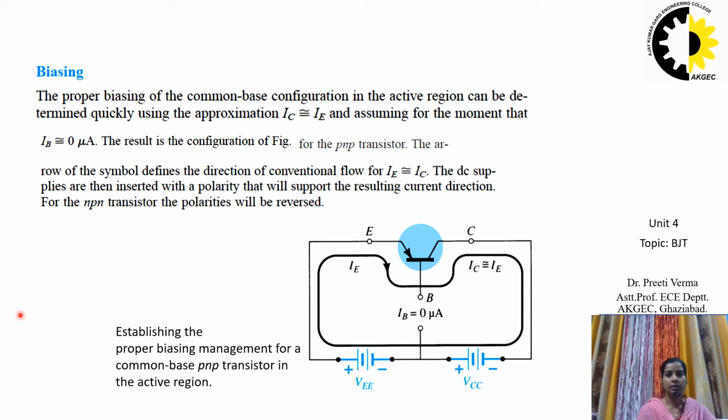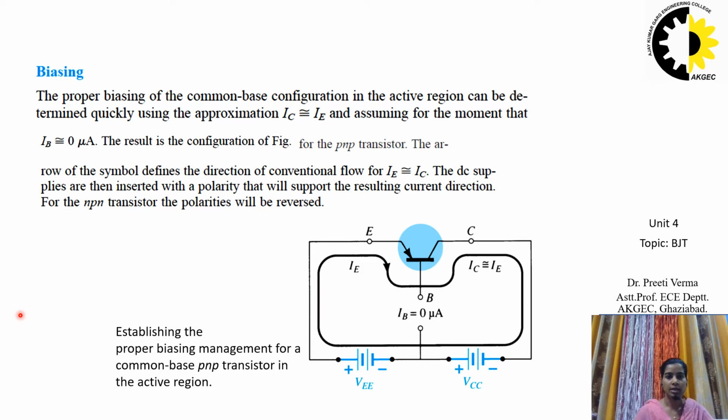The arrow of the symbol defines the direction of conventional flow of current IE, that is nearly equal to IC. The DC supplies are then inserted with a polarity that will support the resulting current direction.